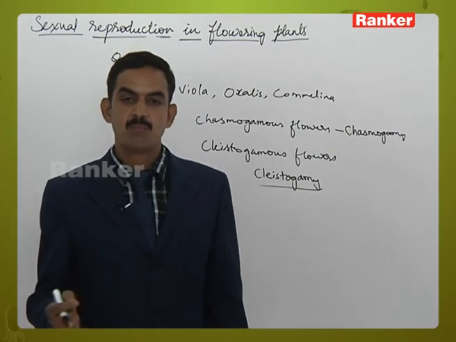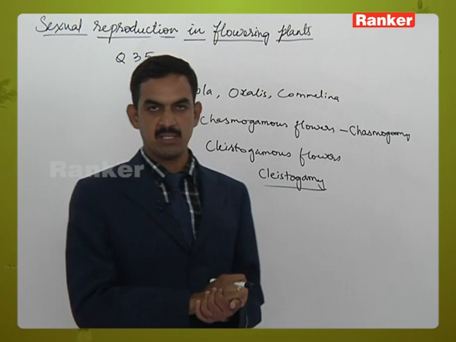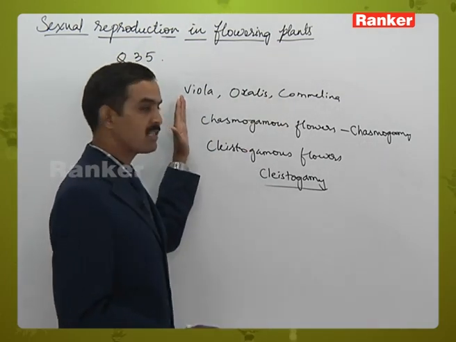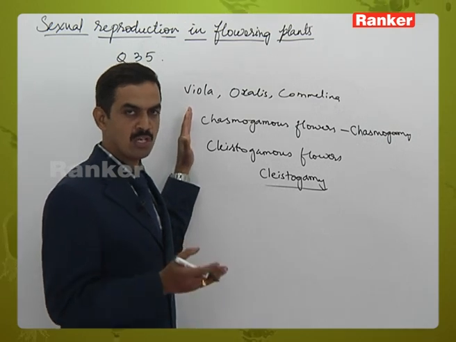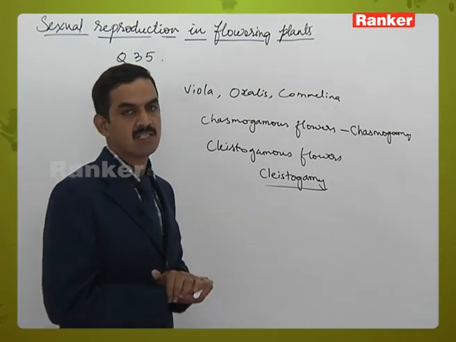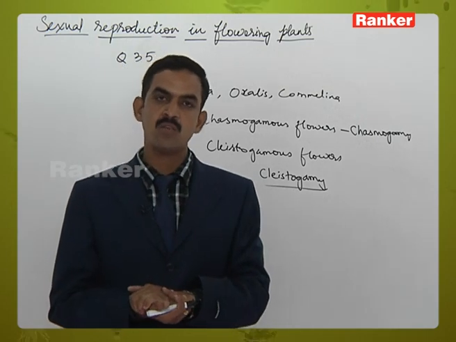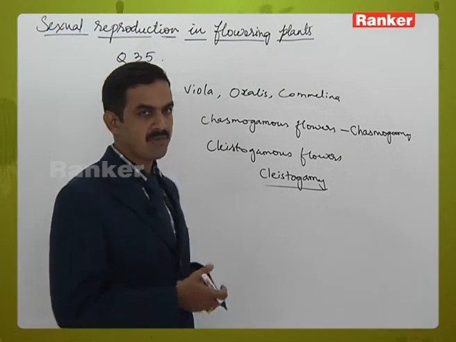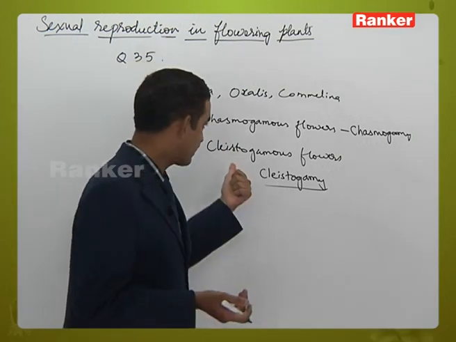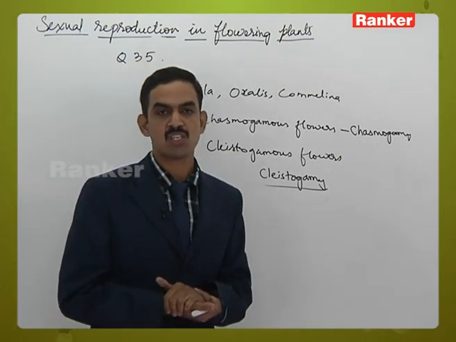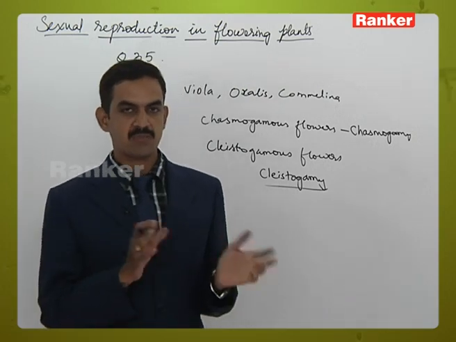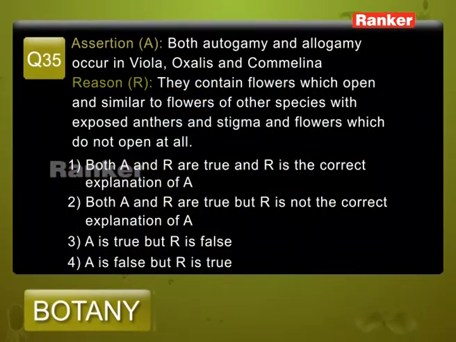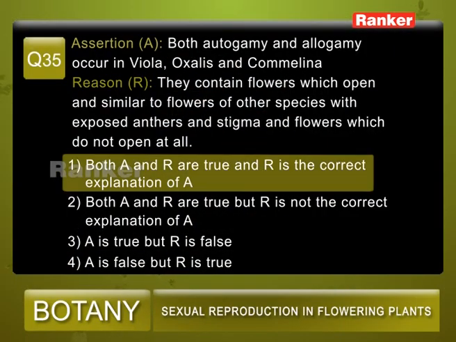So both autogamy and allogamy are possible in Viola, Oxalis and Commelina. Why? Because in chasmogamous flowers it is cross pollination, that is allogamy. In cleistogamous flowers it is self pollination, that is autogamy. Both are possible here, because in chasmogamous flowers the essential organs are exposed, whereas in cleistogamous flowers they are enclosed. So question number 35, the correct answer is 1.